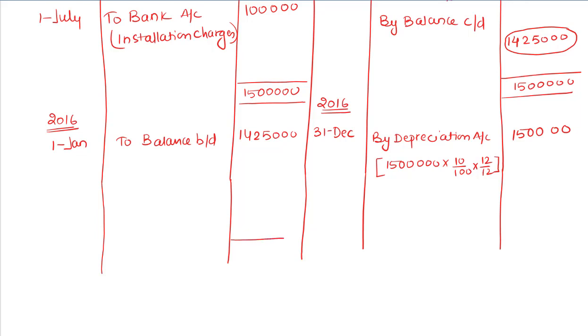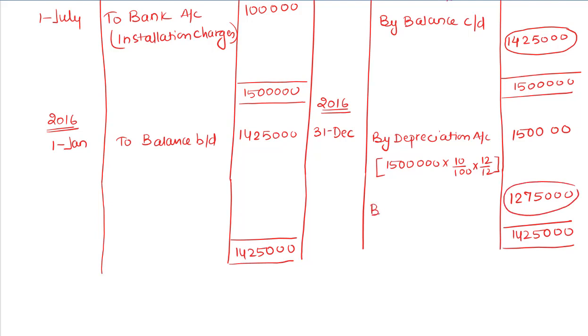Now just do the totals over here. So the total is 14 lakh 25,000. 14 lakh 25,000 minus 1 lakh 50,000 is 12 lakh 75,000, by balance carried down.